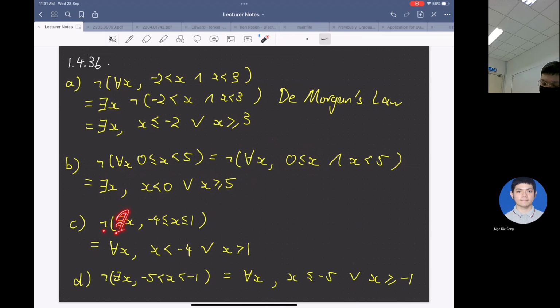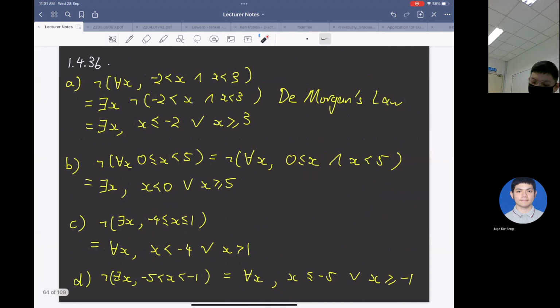Negate the exists becomes every, and becomes or, less than or equal to becomes greater than, and greater than or equal to becomes less than. Okay, this last one is also the same. Negate the exists becomes every, and becomes or.